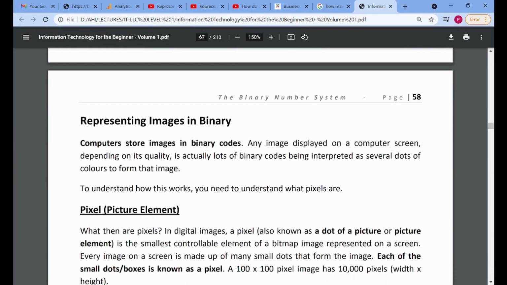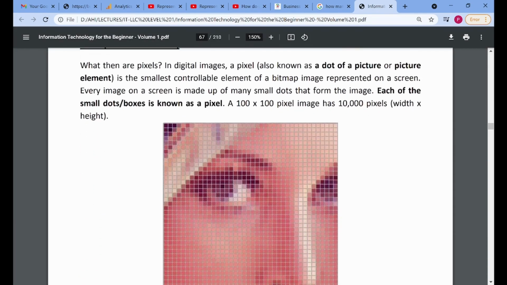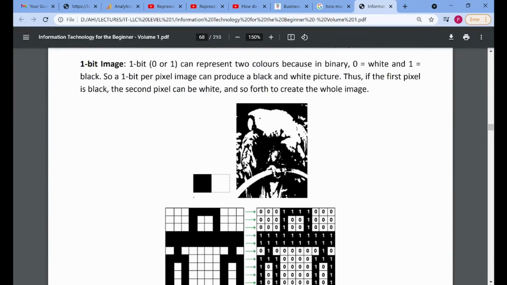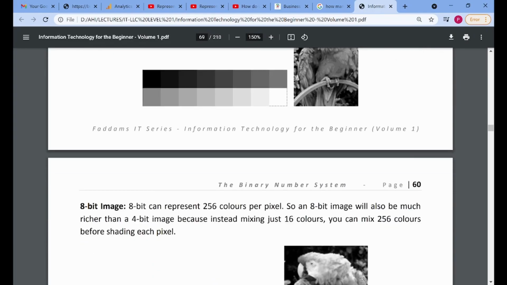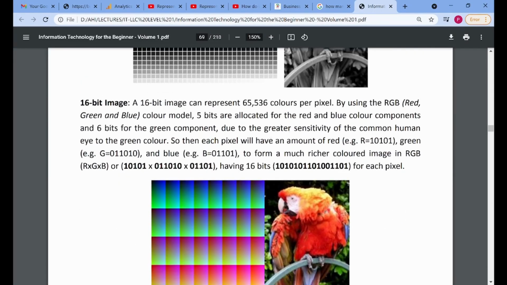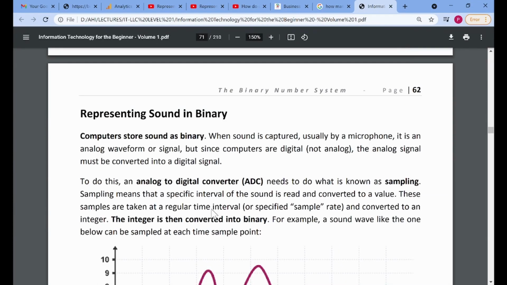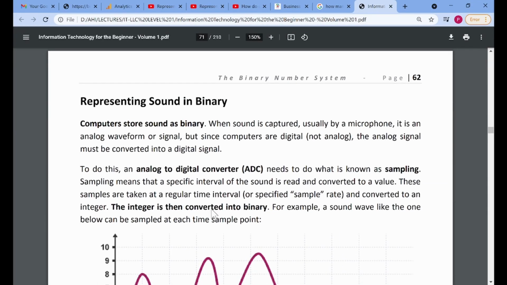We took time to learn about images, how images are represented in binary and vice versa. We looked at how images work, and it was interesting to understand how computer technology does all of these. Today our job is to take a look at how sound is represented in binary.